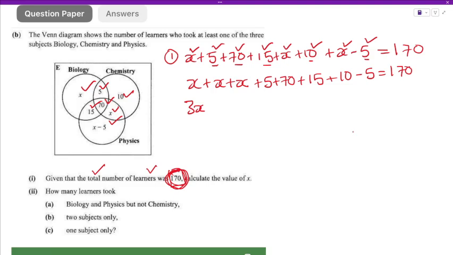Oops, I was punching and the calculator was off. Okay, 70 plus 5 plus 15 plus 10 minus 5, that is 95. So positive 95 is equal to 170. I've done this to confirm that the value I will find will be correct.